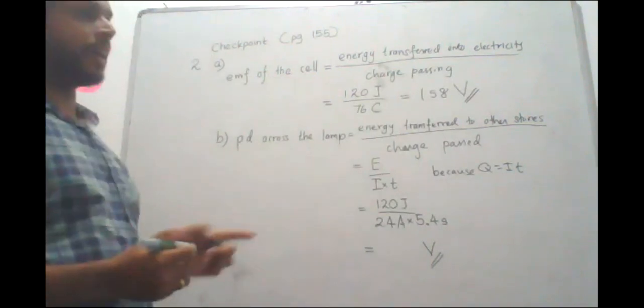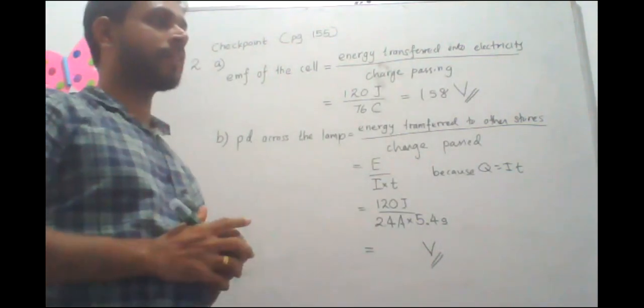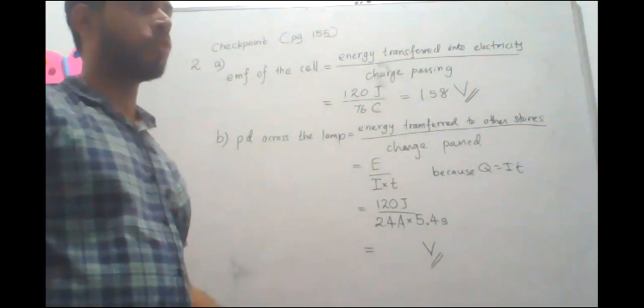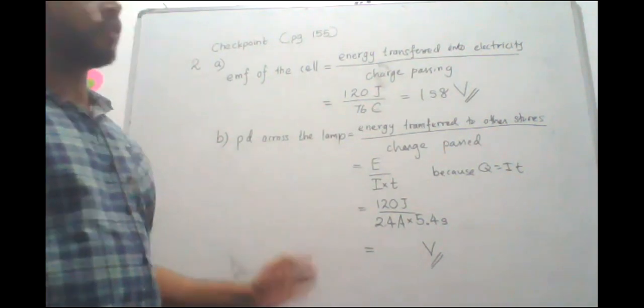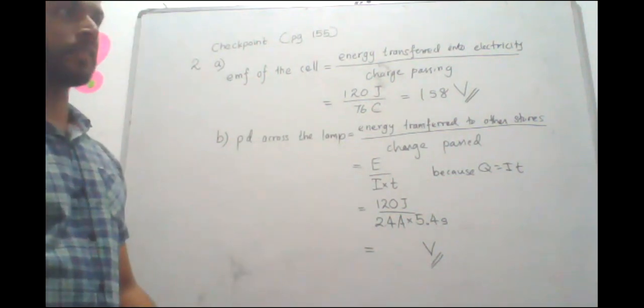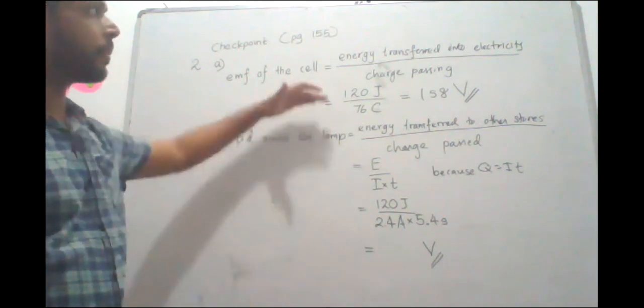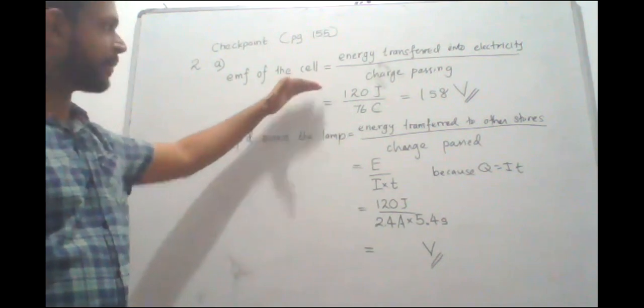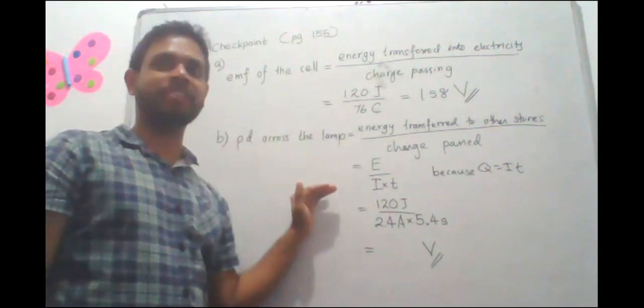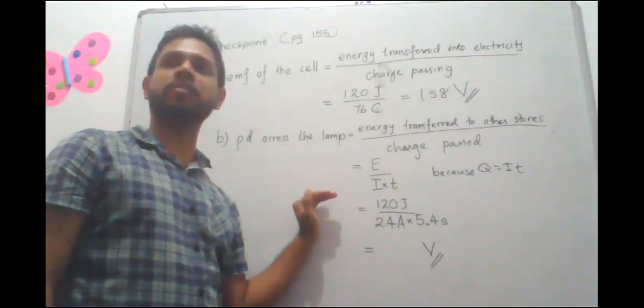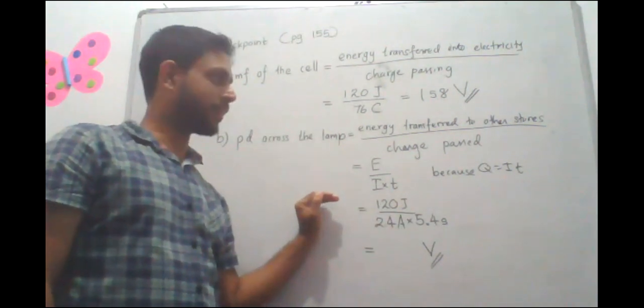Okay, so the second part: a lamp carries a current of 2.4 amperes for 5.4 seconds and transfers 120 joules. So the same amount of energy the cell is giving, the lamp transfers. You can understand that.